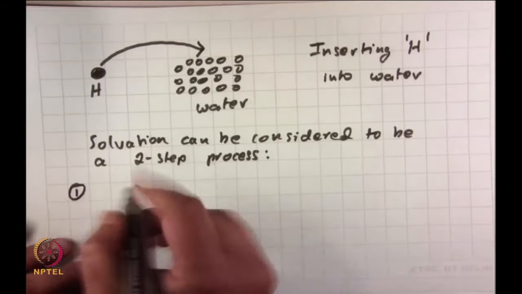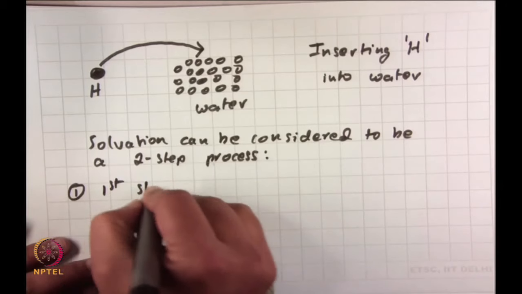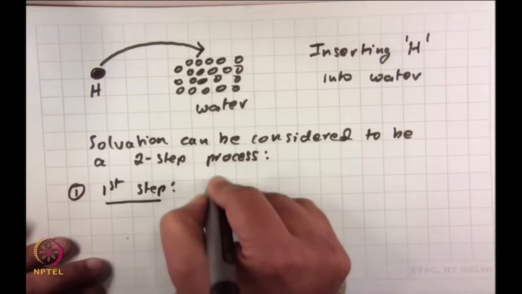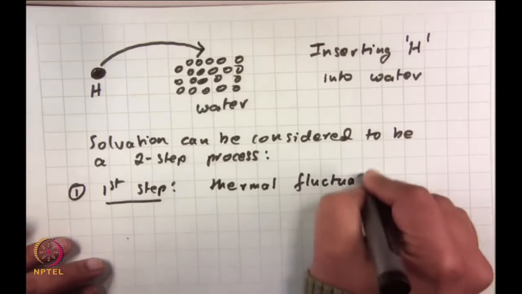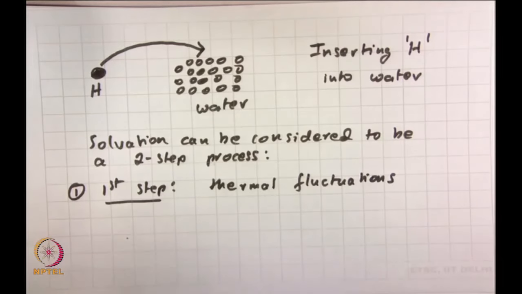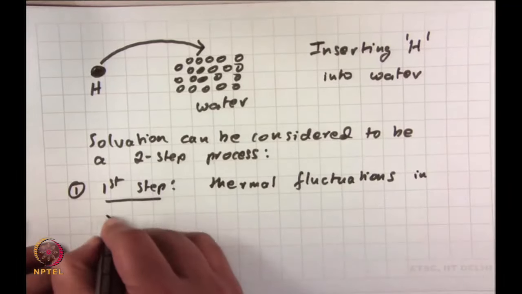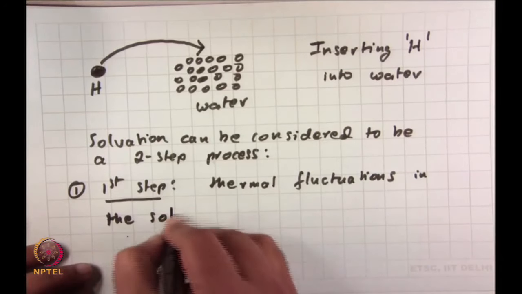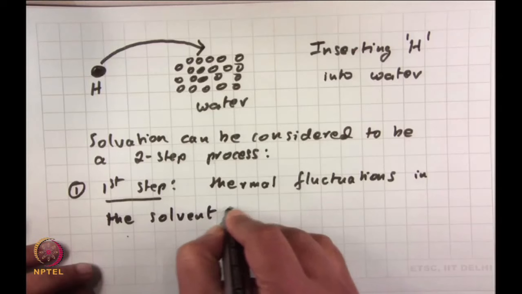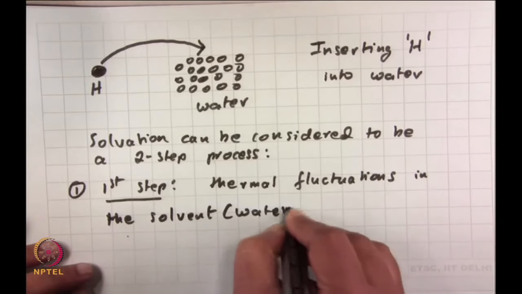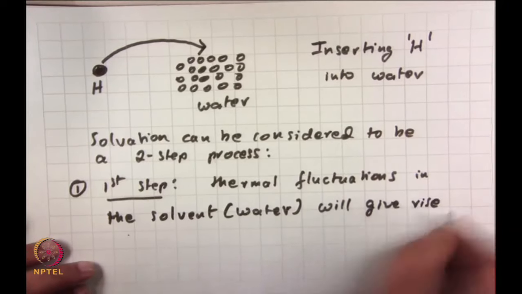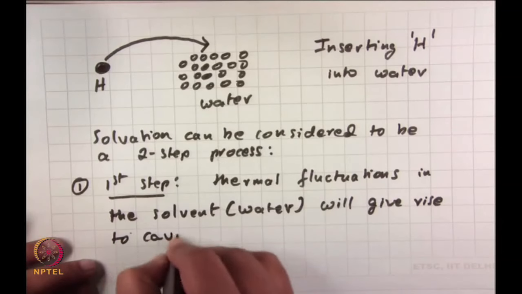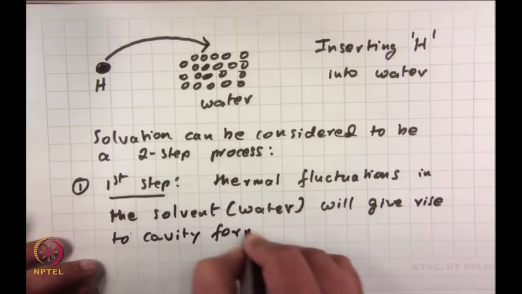What is the first step? In the first step, what happens is thermal fluctuations in the solvent, which in this case is water, will give rise to cavity formation.